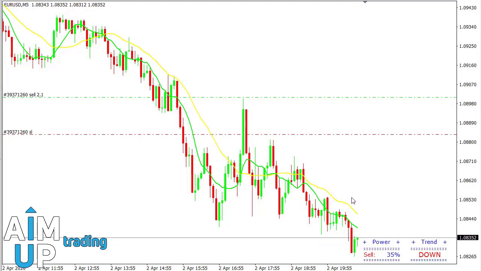The trend is looking good. The price is under the green moving average. We have the 35% sell power, and also we have a downtrend. We're also looking at the higher time frame, which confirms the trend. So we feel really comfortable with keeping this trade.